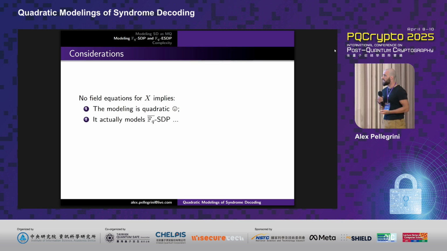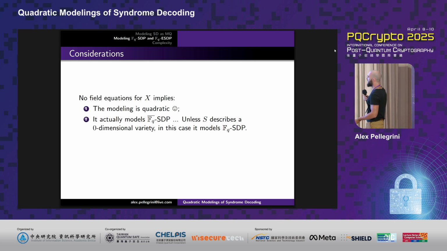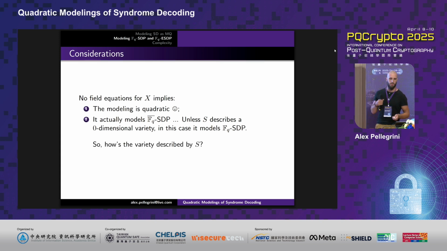But on the other side, it actually models the syndrome decoding problem over the closure of the finite field, right? Unless S describes a zero-dimensional variety. In this case, it models the syndrome decoding problem over FQ, which is exactly what we want. So how is the variety described by S?